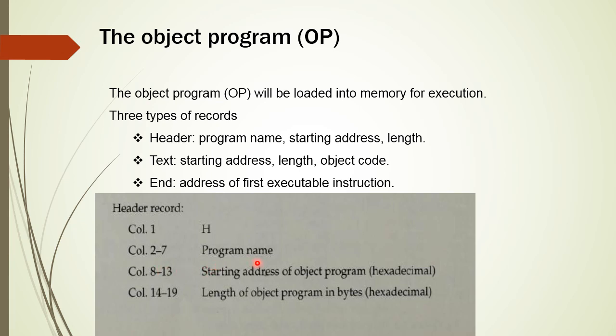Columns 8 to 13, again 6 columns, are reserved for the starting address of the program. The values with respect to the object program are hexadecimal. Then columns 14 to 19, again 6 columns, are for the length of the object program in bytes.